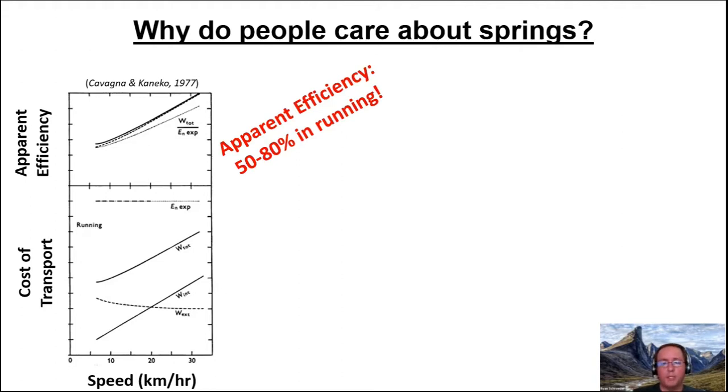Now, of course, if all that work was being done by the muscle, these efficiencies would be extremely high relative to previous estimates of muscle efficiency, as I mentioned, 25%. So it was thought that it perhaps might have to do with the fact that maybe the spring is doing some of the positive work as well, and therefore your apparent efficiency is not capturing only what the muscle is doing. So this was sort of like an early hint that maybe springs might be doing something here and having an impact.